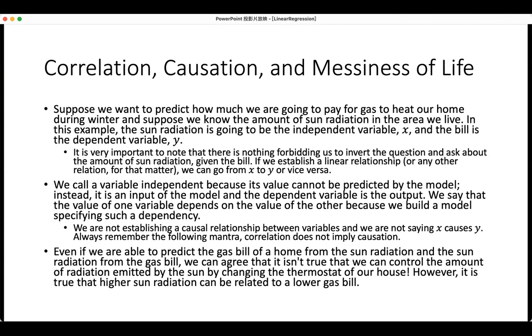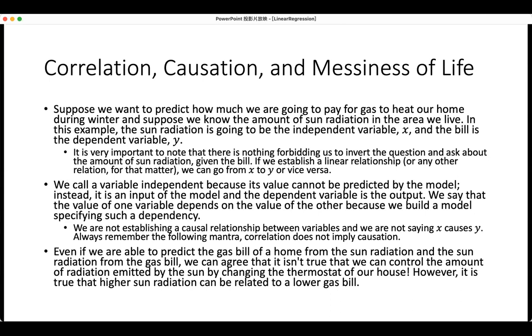But we call a variable independent because its value cannot be predicted by the model. Instead, it is the input of the model, and the dependent variable is the output.